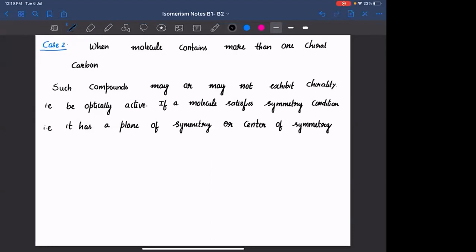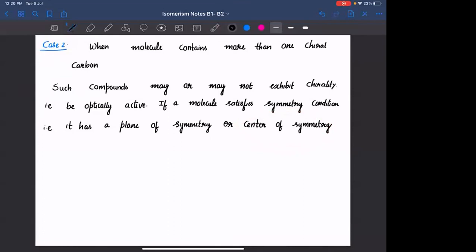Axis of symmetry means you take an axis and rotate the molecule about that axis. Optically active molecules can have an axis of symmetry. It will look the same on rotating; rotate by 180 degrees again, it will be the same. We are not referring to axis of symmetry, I am referring to center of symmetry. We will understand its meaning later, don't worry now.